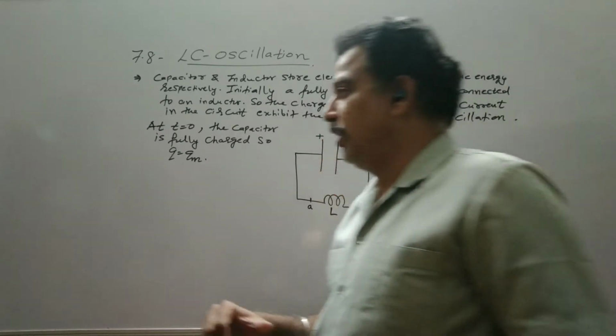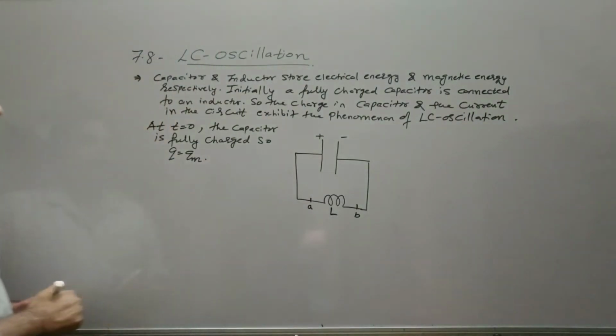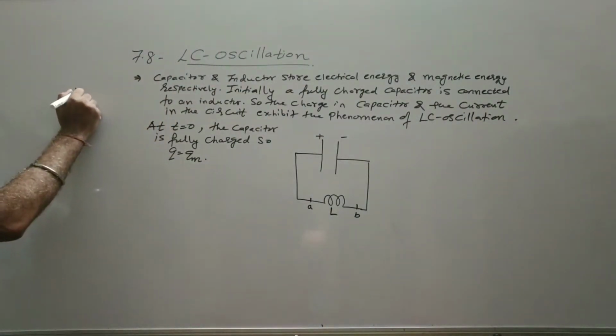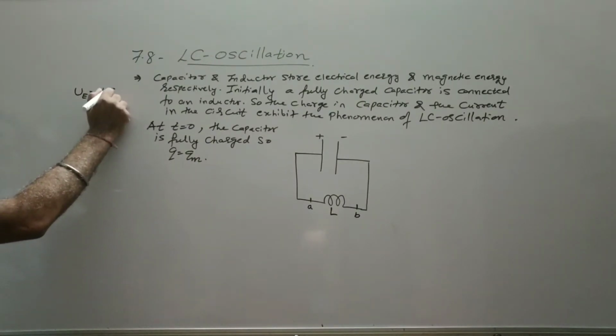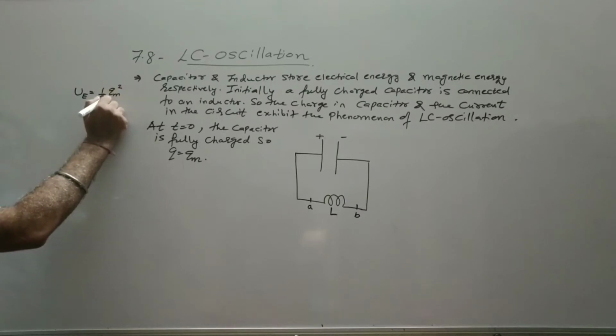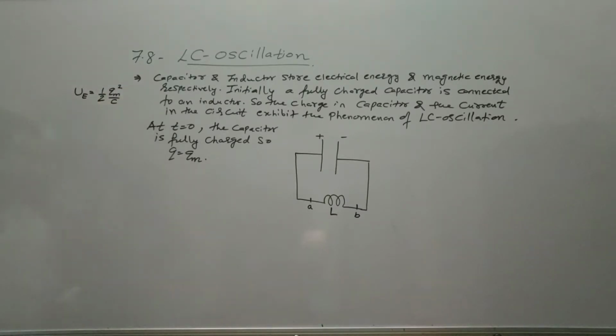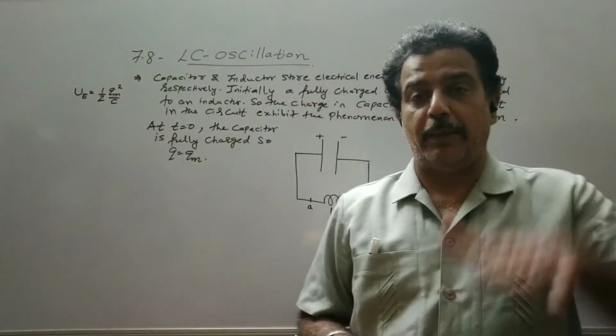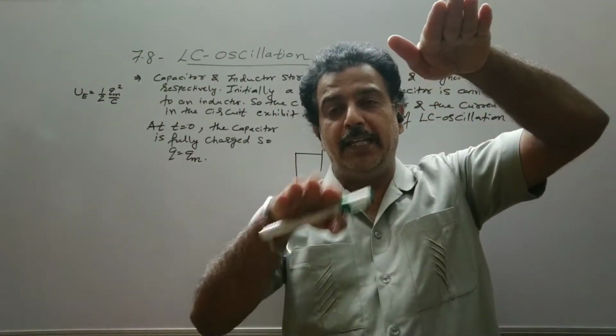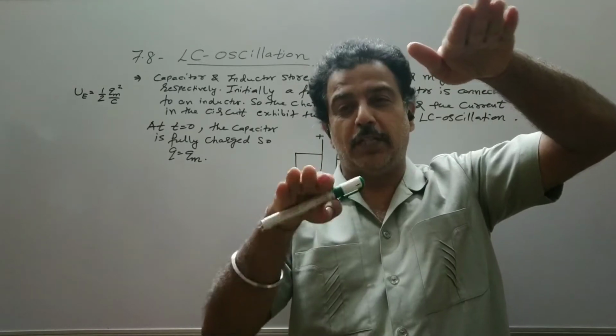So when the capacitor is fully charged, the electrical energy is equal to half Qm square by C. This is the condition at t equal to 0. So the capacitor is fully charged and the inductor has 0 current.